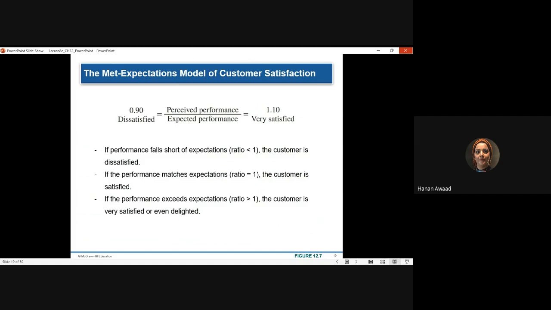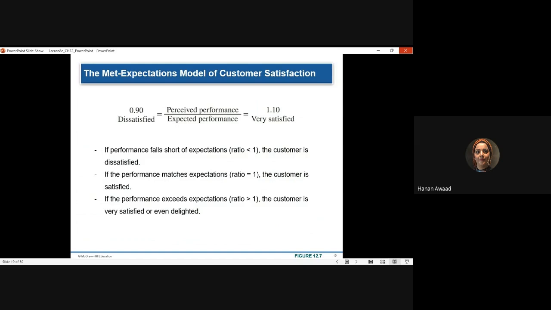If I go and see that the customer service is not wearing a suit, for example, when I expected them to be wearing one, or they were more serious than I was expecting, then again there is a deviation or variance between the perceived performance and the expected performance.